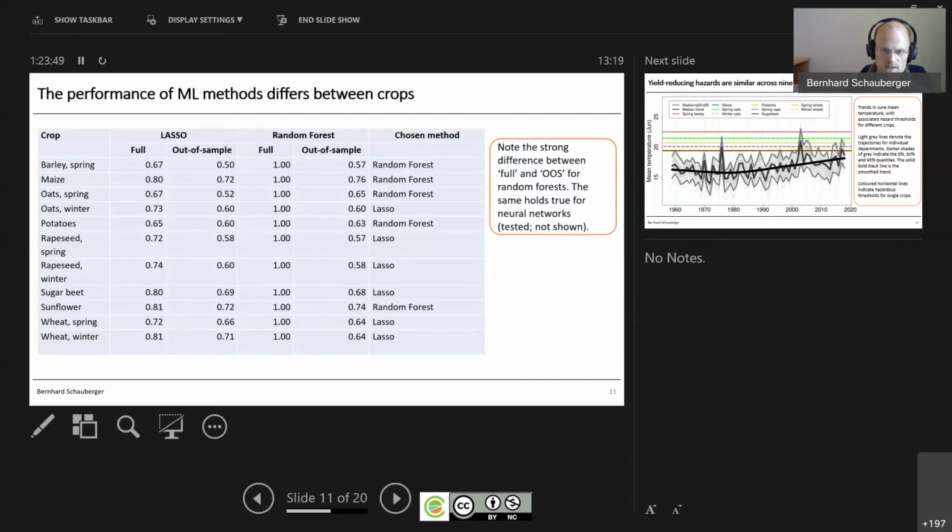But if we do the out of sample validation, it's much lower. And often, in 6 out of 11 cases, it's even beaten by a linear form, telling that the random forest is by far not generally better than a linear regression model.